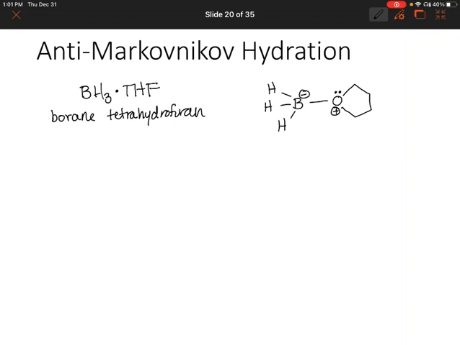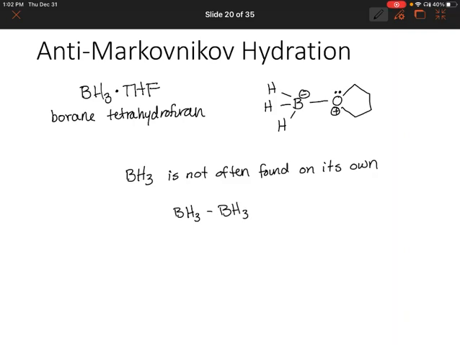Now, the reason that we use this particular reagent is because BH3 is not often found on its own. It's often in the form of diborane, and this isn't really the correct way to draw diborane.